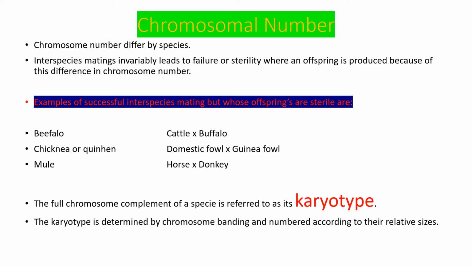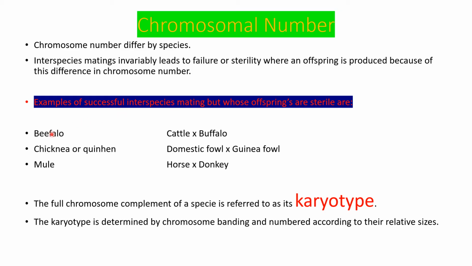Chromosome number differs by species, and because of this, interspecies matings will invariably lead to failure or sterility where an offspring is produced, and this is because of differences in chromosome number. So we have some examples of successful interspecies matings.